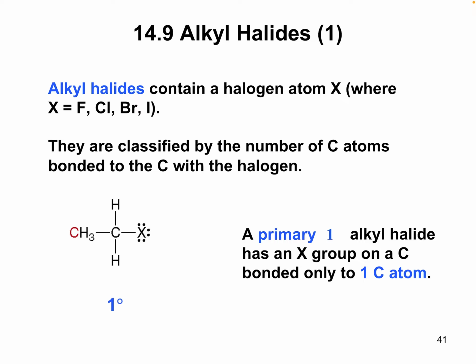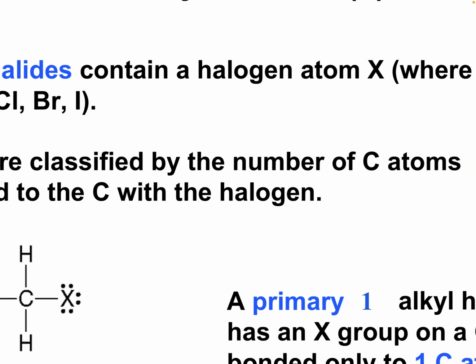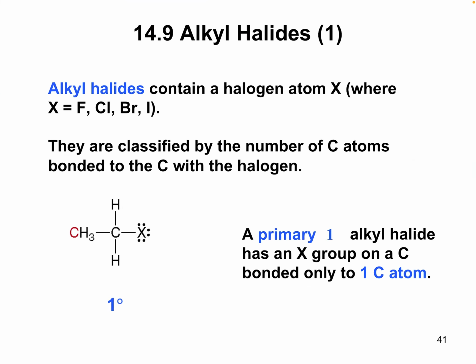All right, so we do have to differentiate between types of halides the same way we differentiate between types of alcohols. And I don't know why the degree signs aren't showing up, but I'm going to draw them in. So a primary alkyl halide is where the carbon that has the bond to halogen also has a bond to only one other carbon atom.